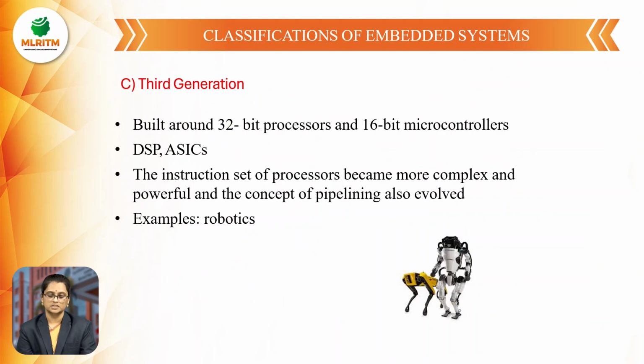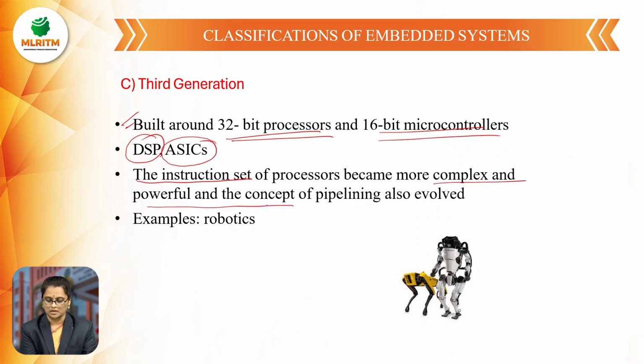And then coming to the third generation, it used 32-bit microprocessors and 16-bit microcontrollers, and also digital signal processors and application specific integrated circuits. Again the count of processors and controllers is doubled. The instruction set of processors became more complex and powerful, and the concept of pipelining also evolved.